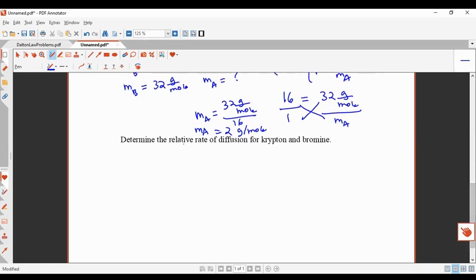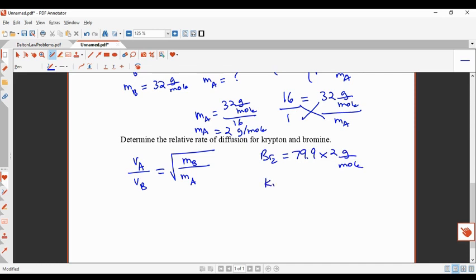So it says, determine the relative rate of diffusion of krypton and bromine. So remember, bromine is diatomic. So we have Va over Vb is equal to the square root of the molar mass of B over the molar mass of A. So bromine has a molar mass of 79.9 times 2 grams per mole.